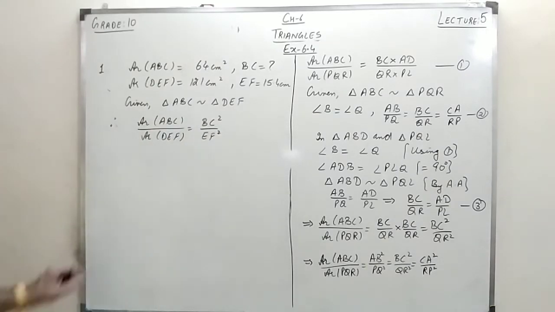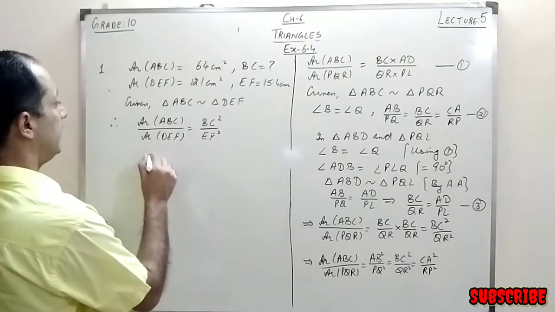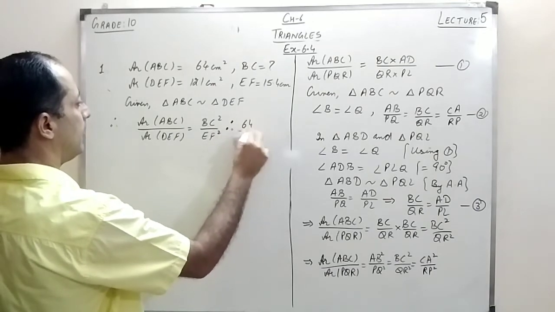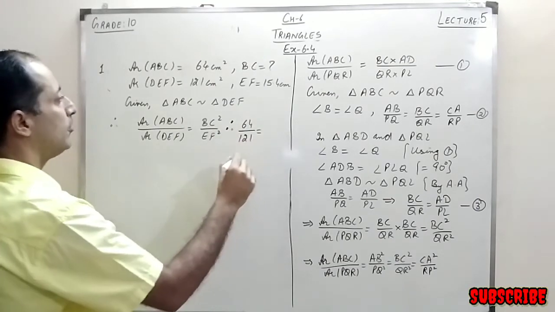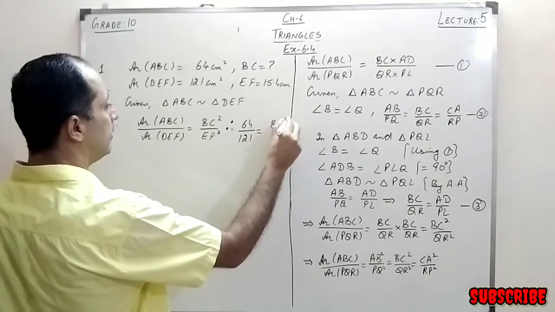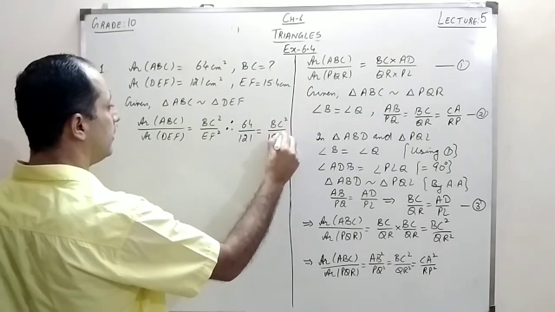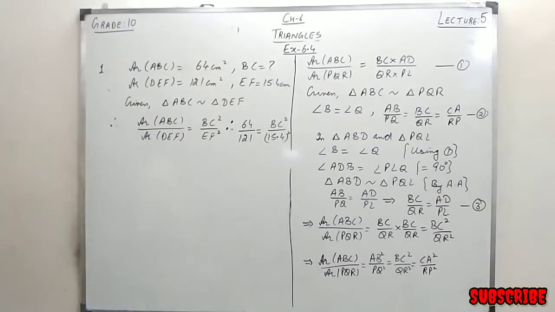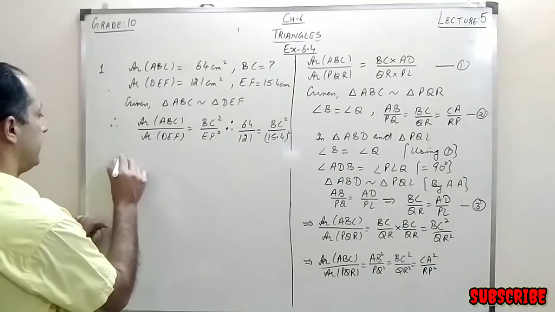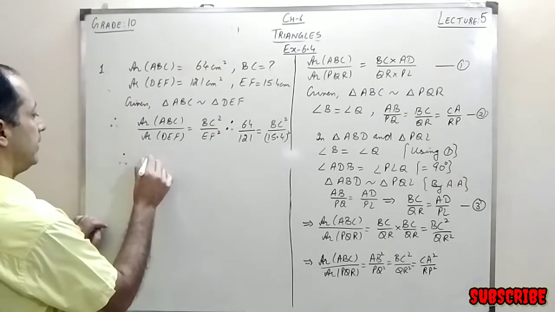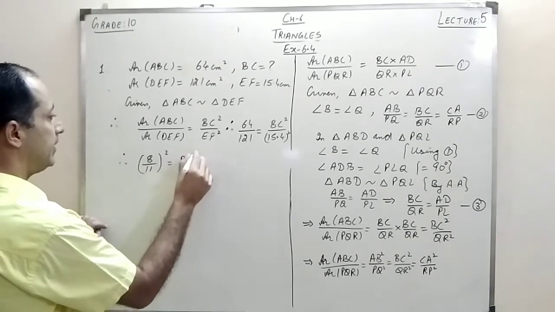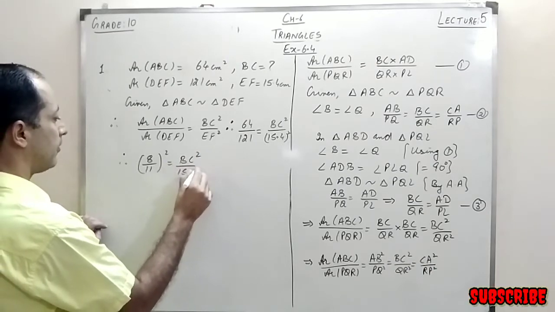Now the area of ABC is 64, therefore 64 upon 121 is equal to BC square upon 15.4 whole square. Now, instead of squaring the value of 15.4, we can write the left side as 8 upon 11 whole square, equal to BC square upon 15.4 whole square.